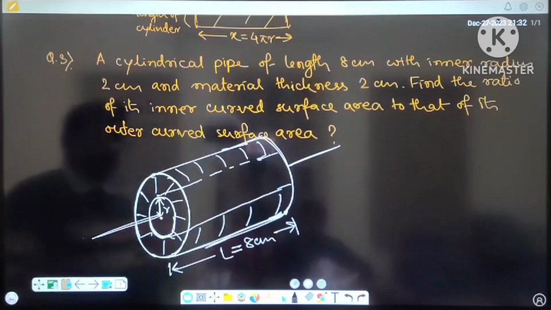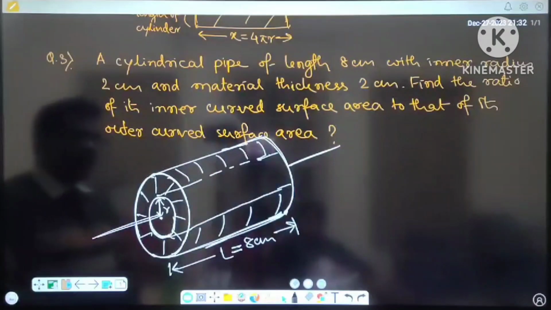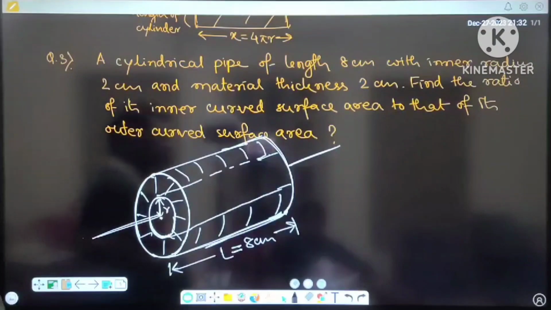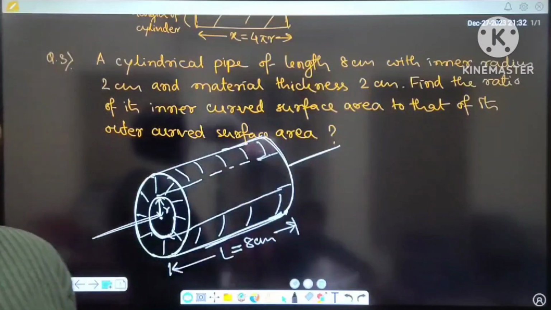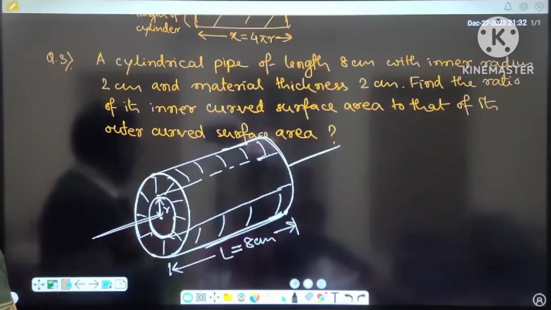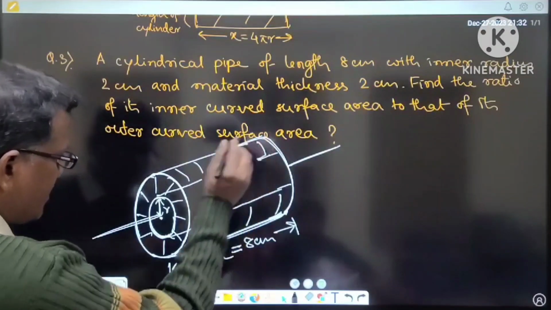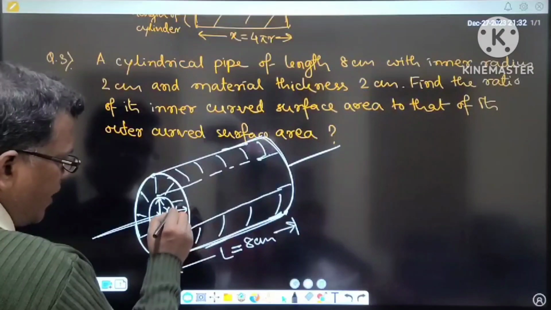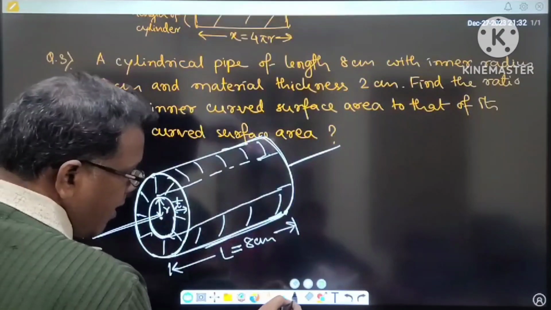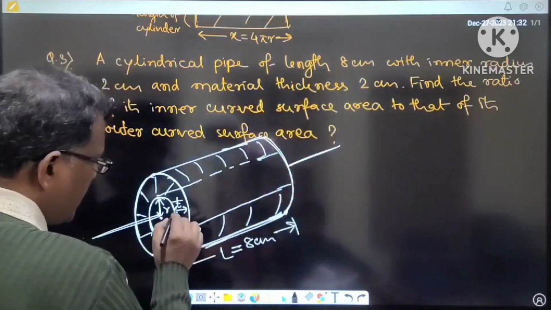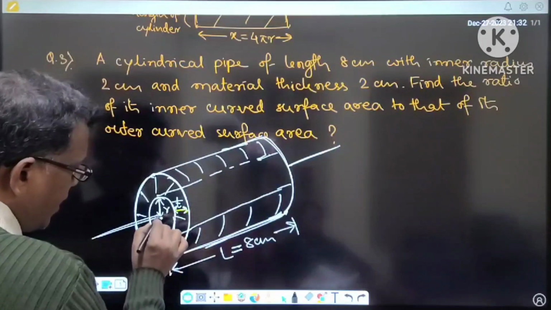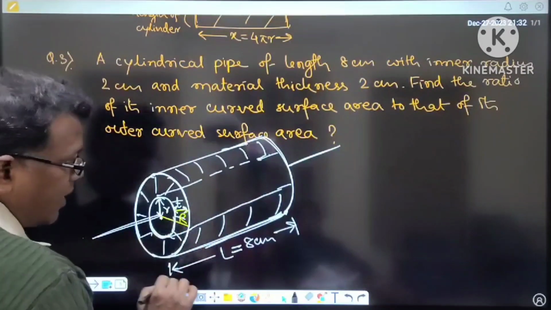Correct, 2 pi rh. See, as the inner radius is given, with the inner radius, if we add the thickness, can't we get the outer radius? Correct. So, as the thickness is given, thickness we know, let it be T. So, inner radius with thickness will be the outer radius.